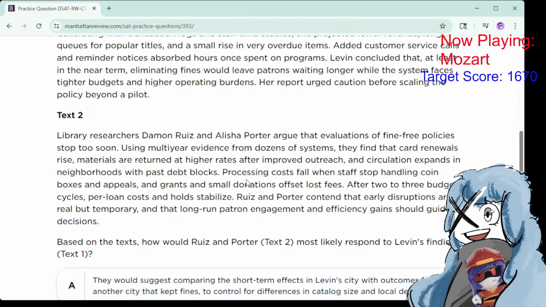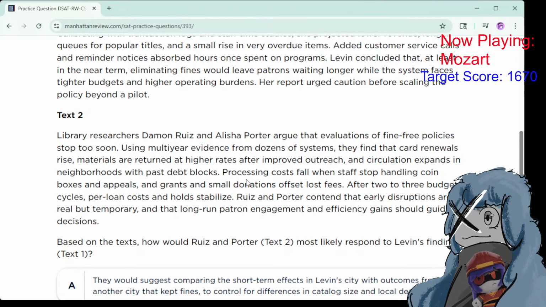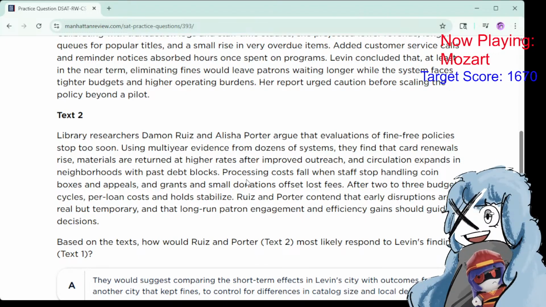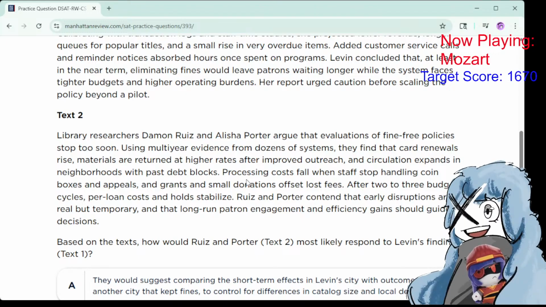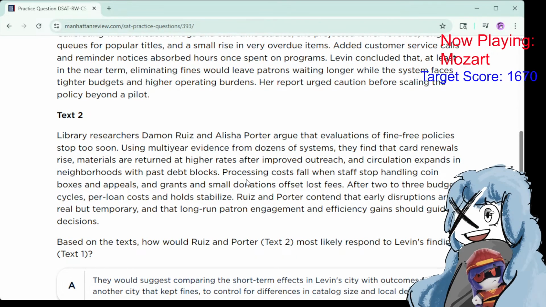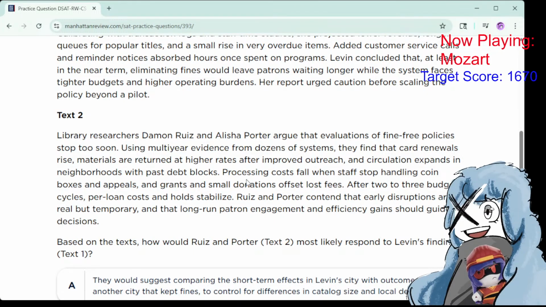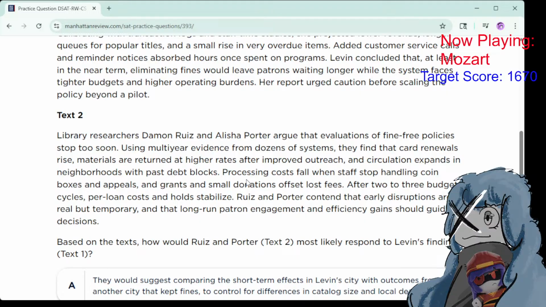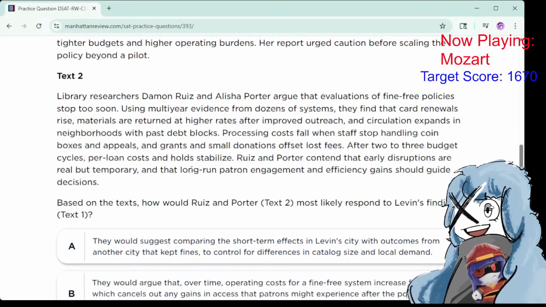After two to three budget cycles, per-loan cost and hold times stabilize. Ruse and Porter contend that early disruptions are real but temporary, and that long-run patron engagement and efficiency gains should guide these decisions.